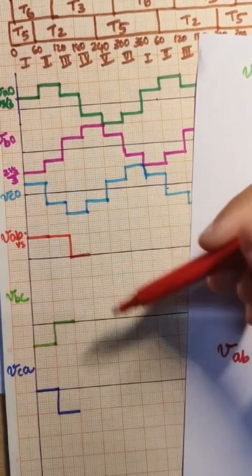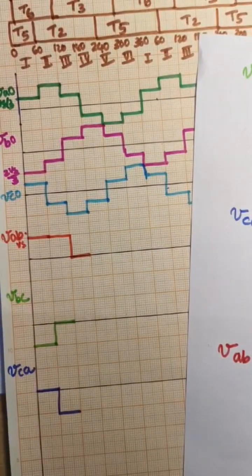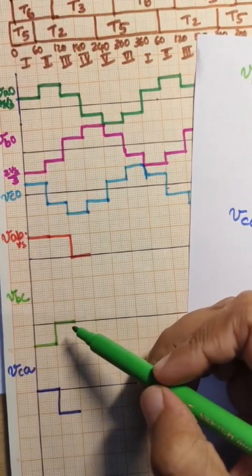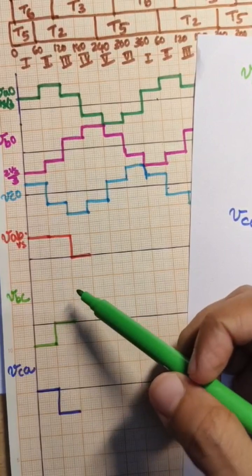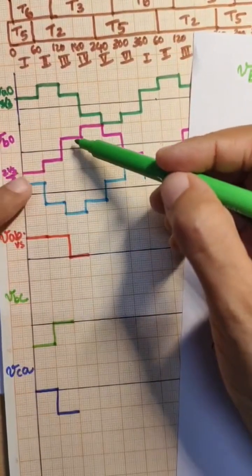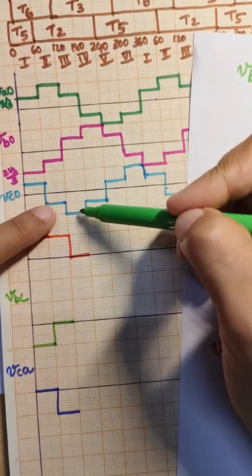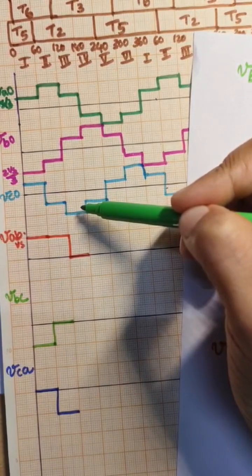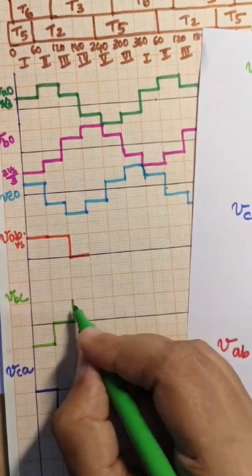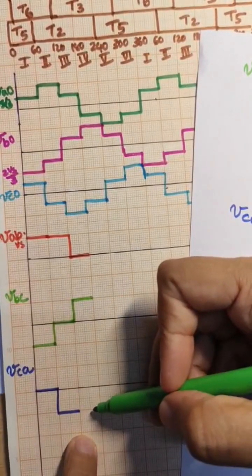Now from direct inspection, we can draw the rest of the voltage levels. That is VBC. VBC is equal to VBO minus VCO. VBO here is Vs by 3, minus minus 2 Vs by 3, which is equal to Vs. So it is plus Vs. Next is VCA.